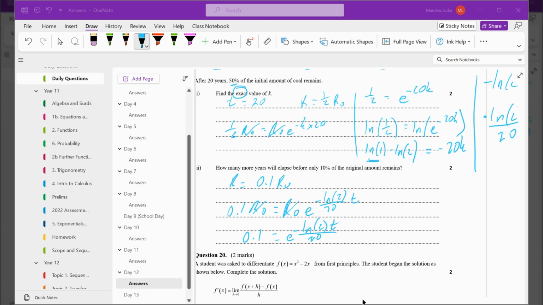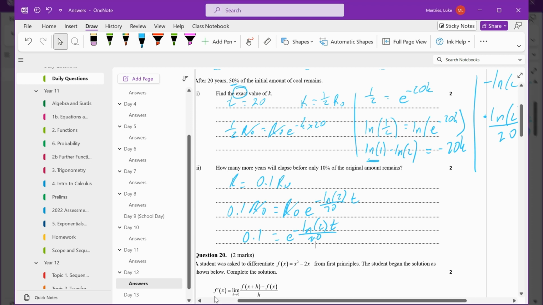And don't forget, we're going to do some other little magic here, so I might as well explain this one. I'm going to hit both sides with ln. For 0.1, I'm going to change that into 1 on 10 so I can use my log law. So I'm going to say ln of 1 on 10, which is the same as 0.1, is equal to ln of e to the minus ln of 2 on 20 to the t.